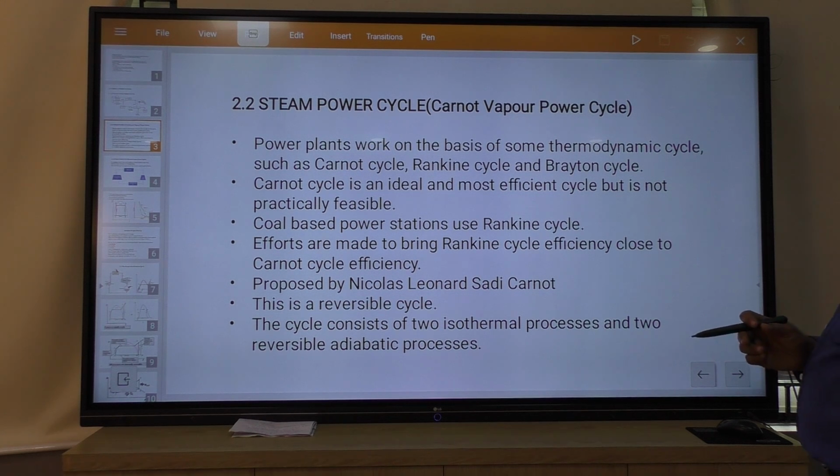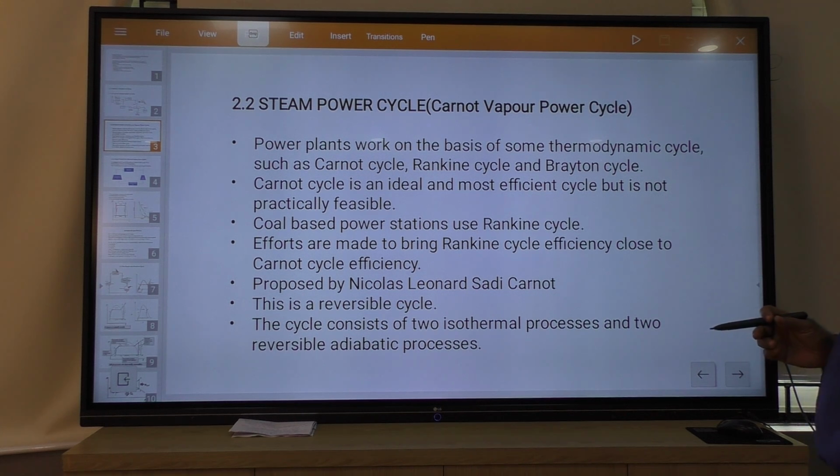Next, this is a reversible cycle. You know reversible cycle. The processes are reversible adiabatic, reversible isothermal. Therefore, it is a reversible cycle. Ideal cycle, no friction. It is a quasi-static process.